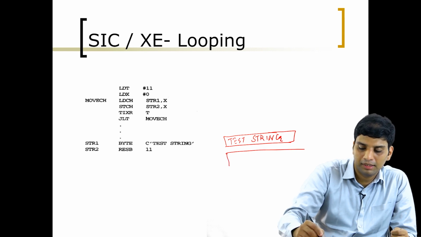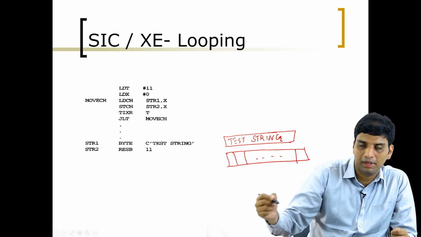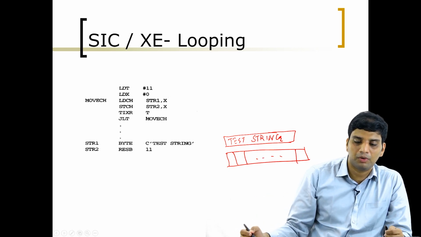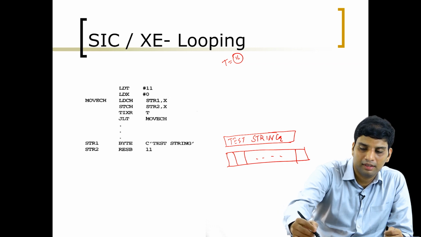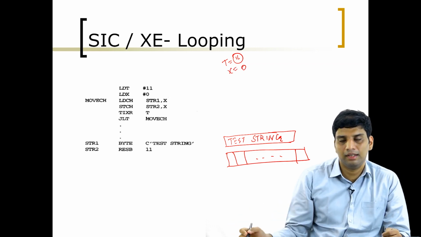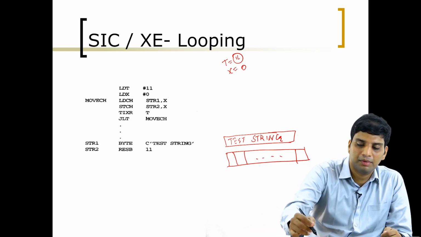Again you have reserved a byte, where 11 places are reserved. Now when the program starts, you have a T register, which is a general purpose register. It contains the value 11, and in the X register you are putting the value 0. Clear? Now first LDCH string 1 comma x.